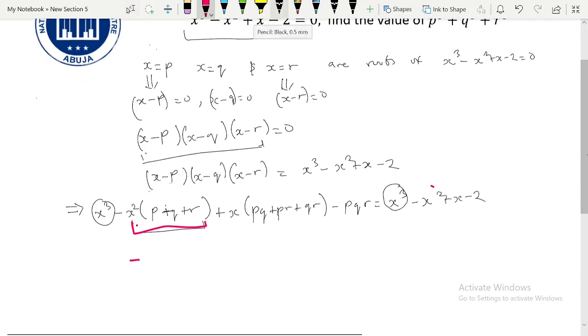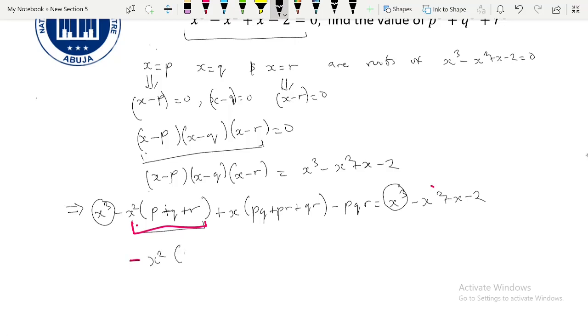When I divide both sides by minus x squared, I have p plus q plus r equals 1. So I can call this equation 1, right?